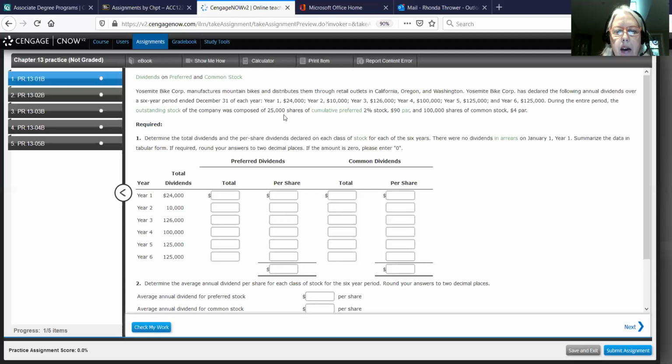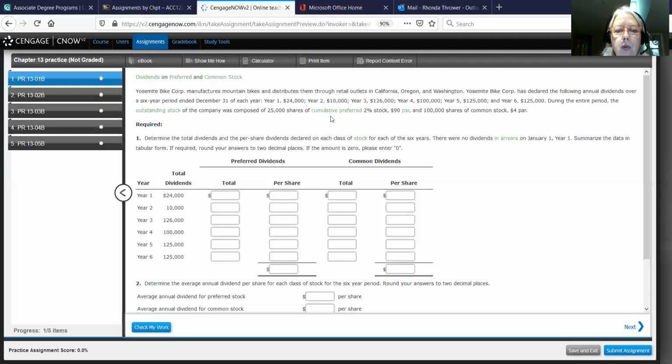In other words, dividends are distributions of our net income. If we have 25,000 shares of outstanding preferred stock, we're going to give dividends to the stockholders who are the owners of those shares. The preferred stockholders will get their share of dividends first, before we give any dividends to the common shareholders.